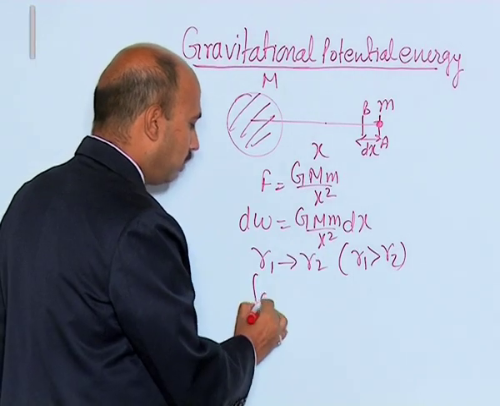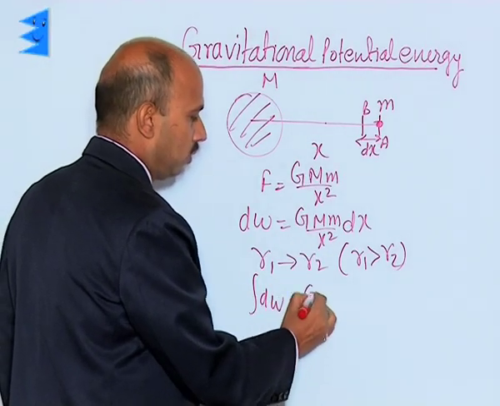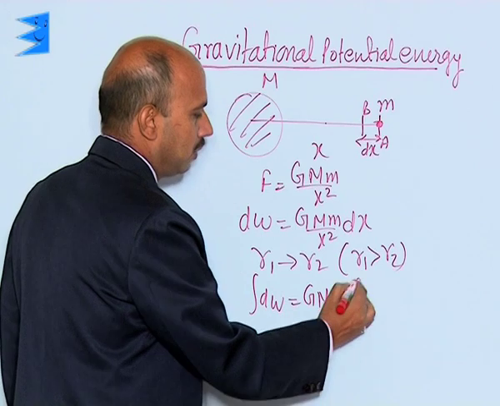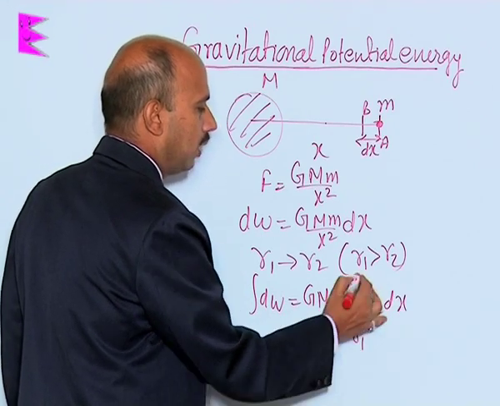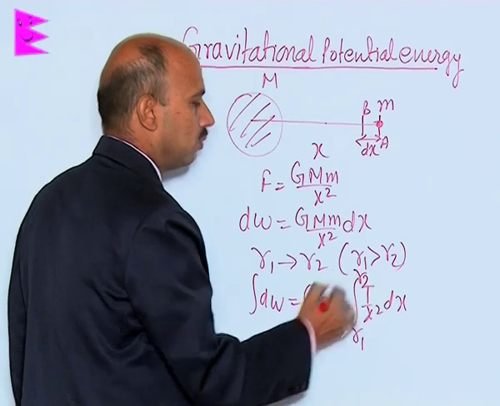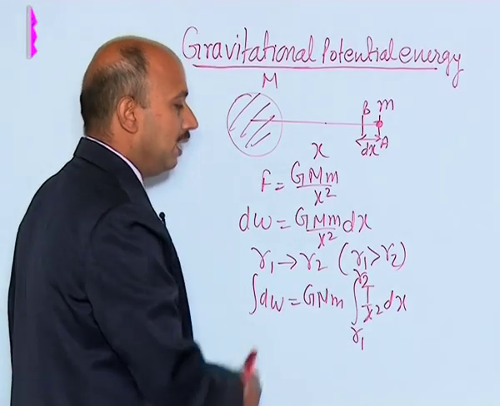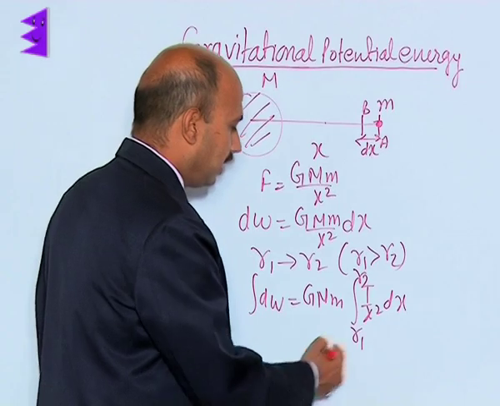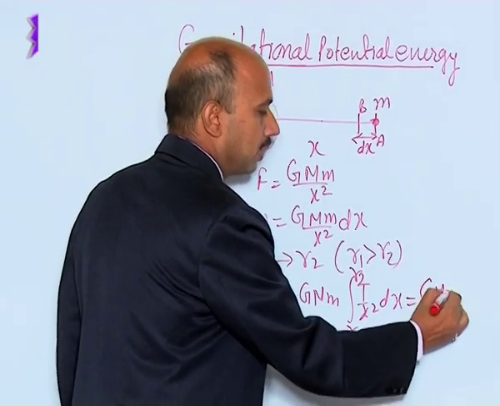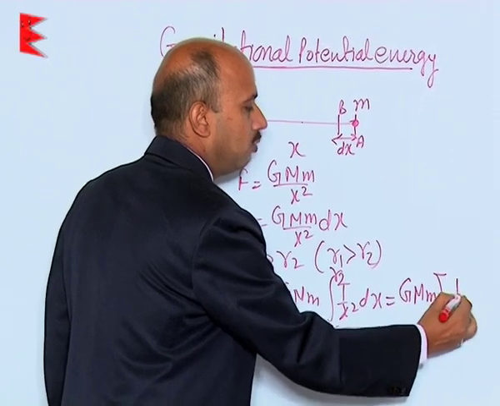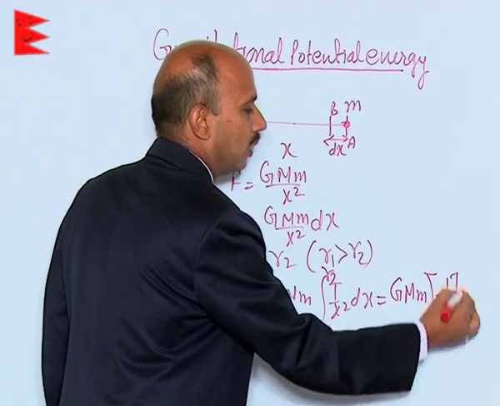So, we can write the work done dW is equal to GMm, 1 upon x square dx, from R1 to R2. Now, we can integrate it. When we integrate it, we will get GMm into minus 1 upon x from R1 to R2.